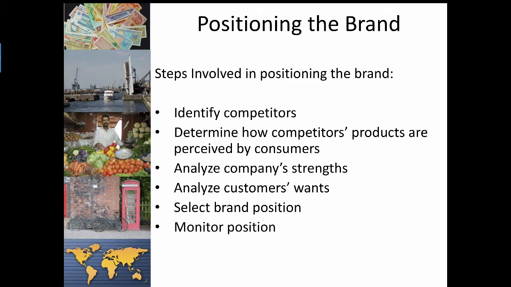And that's a really important point. I just want to remind all of you that when we talk about brand position, it's a relative concept. My brand's position is relative to other brands on the marketplace.